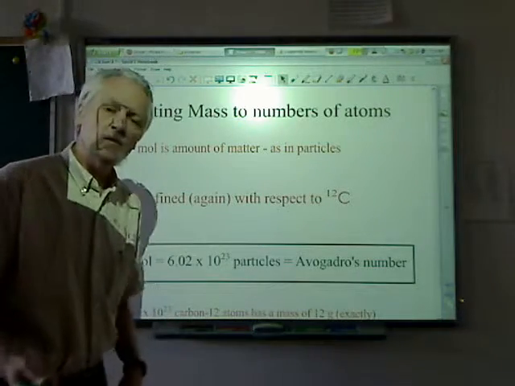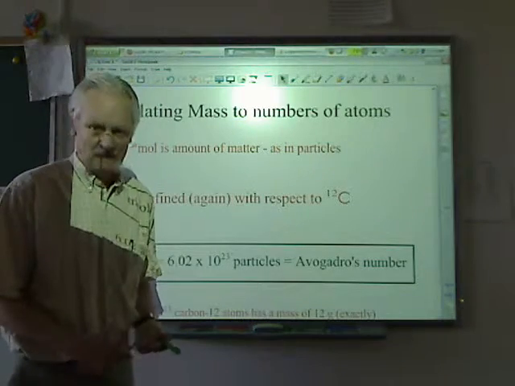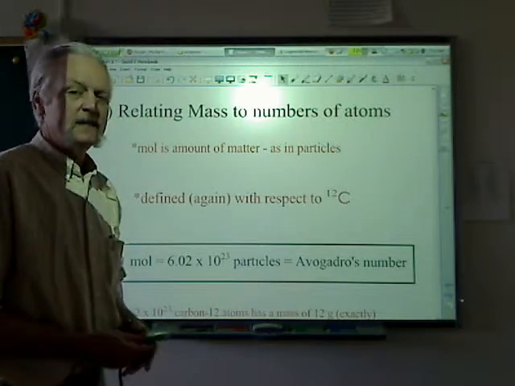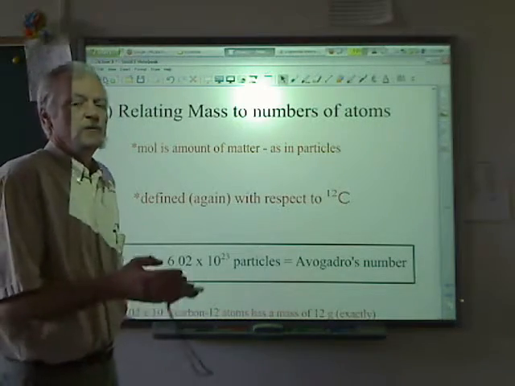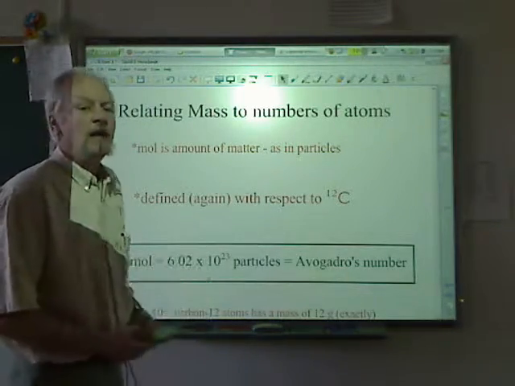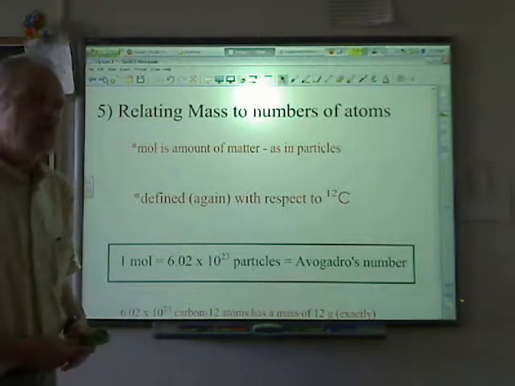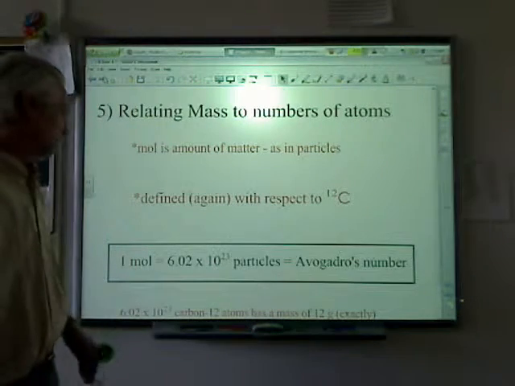The mole is a number like a dozen, meaning that all it is is the number of particles that it would take in order for the mass in AMU to be equal to the mass in grams.